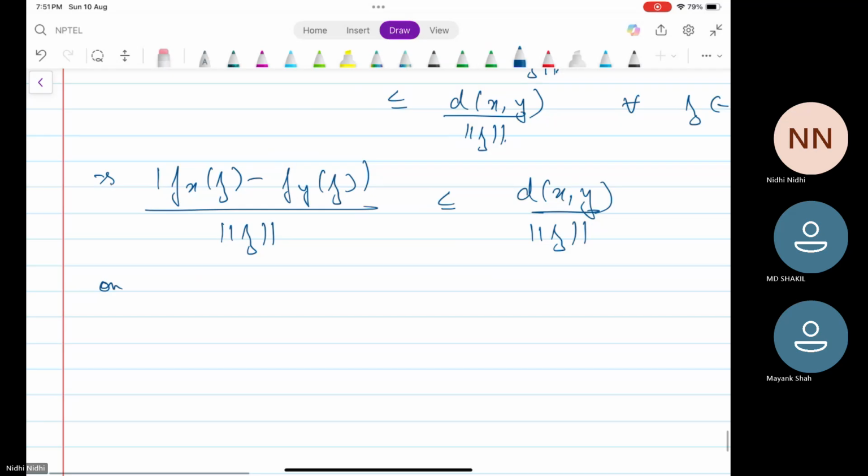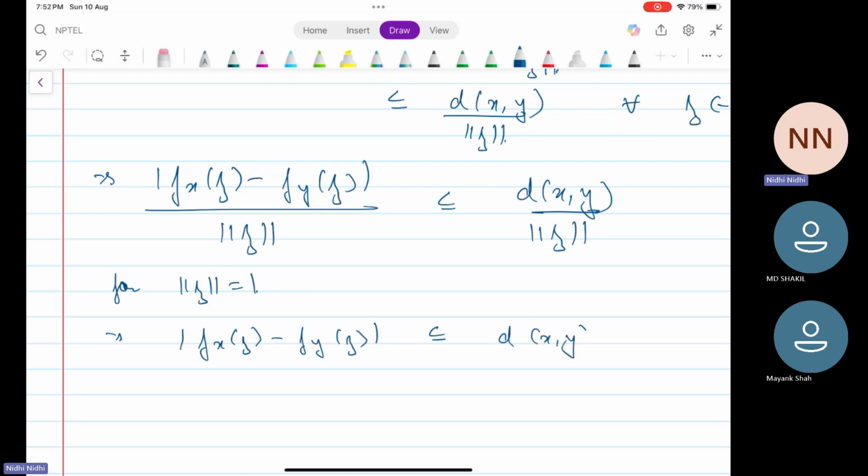On norm z equals 1, |F(x)(z) minus F(y)(z)| is less than or equal to d(x,y).